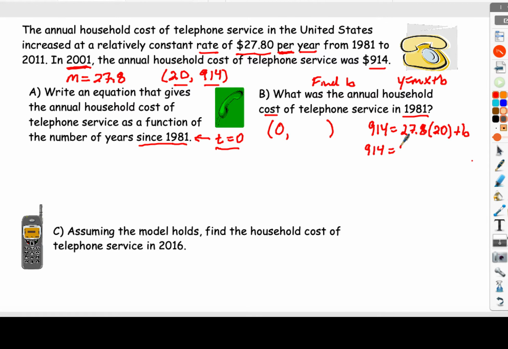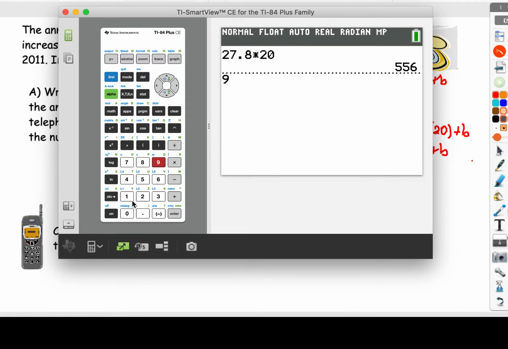So let's call that 556 plus b. To solve for b, I need to subtract that 556 from both sides. And b will equal whatever 914 minus our 556.